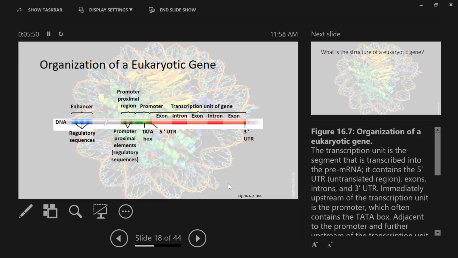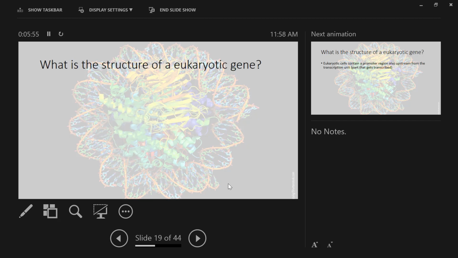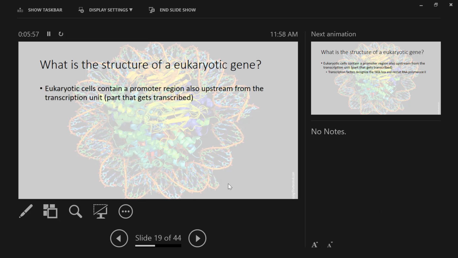These are all unique features of eukaryotic genes and shape how eukaryotes have to regulate gene expression. They contain a promoter region upstream from the transcription unit, similar to prokaryotic cells, though the exact nature of the promoter is different. It's got a TATA box, and if it's a protein-coding gene, it recruits RNA polymerase II.